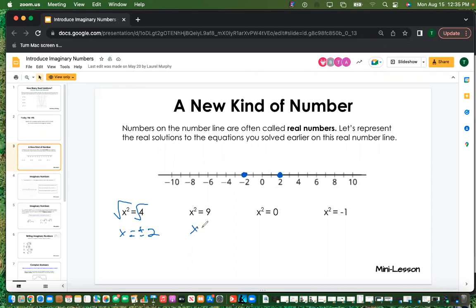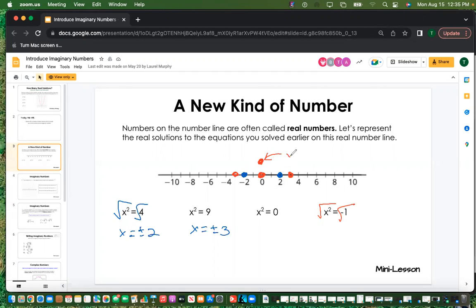Again, we're going to do the same thing for this one. And this is what we solved on the last page. We would have solutions at -3 and 3. This last one was 0. Now, when we took the square root of this, it's actually going to be off of the real number line. So it's actually going to be up here. We're about to talk about this in just a second.